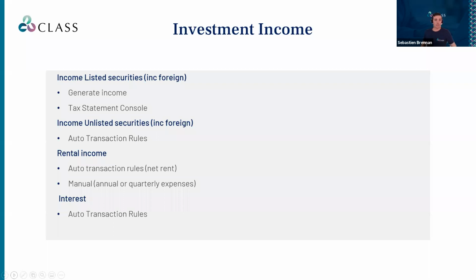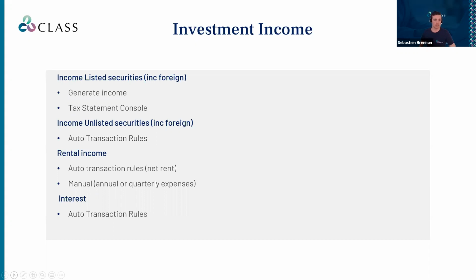The next category is the investment income. So hopefully all of you are familiar with generate income and how Class will generate your income based on the balances that are currently in Class in terms of quantity for each of your securities. So that will generate your income for listed securities, including foreign. For unlisted securities though, what you want to use is auto transaction rules.